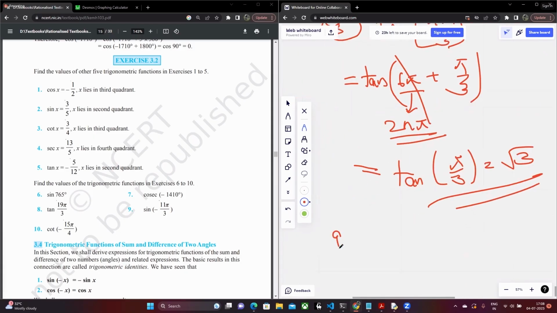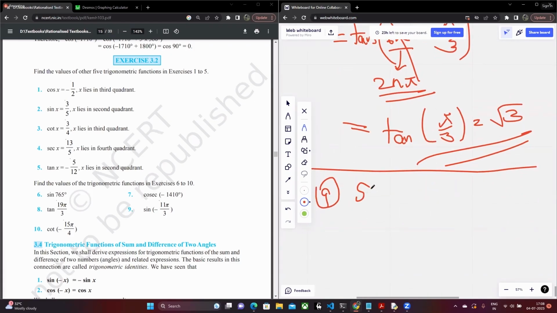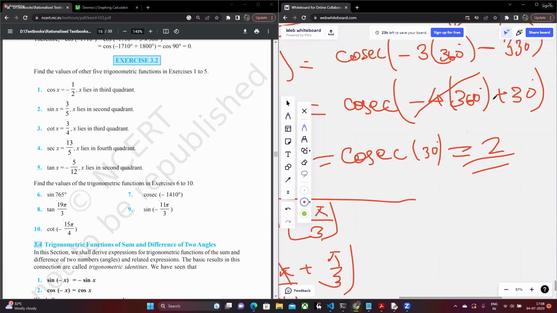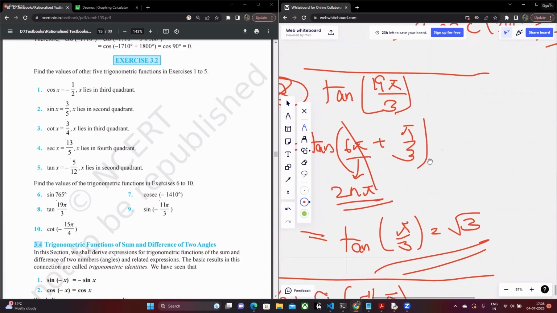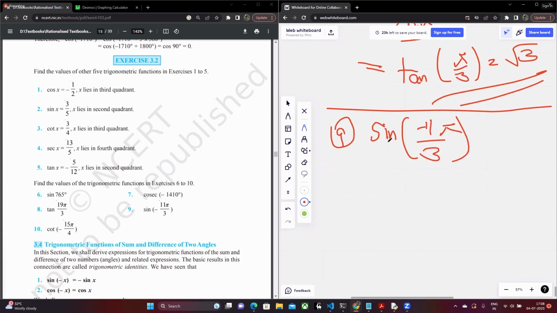Question number 9. Sine of minus 11 pi by 3. Again, similar situation, but here I'll equate this with 7, right? Because over here, I've done a nifty trick to make this positive instead of negative. So over here, there's a sine of minus 7 pi by 3. I can write this as sine of 12 by 3 pi minus pi by 3. Right?